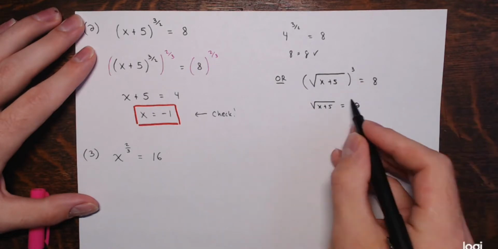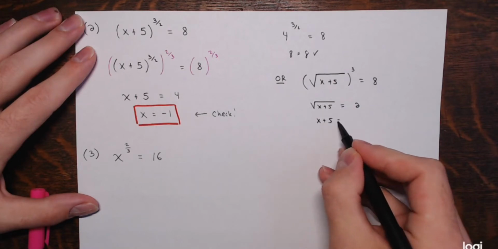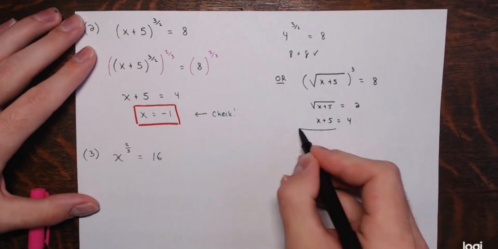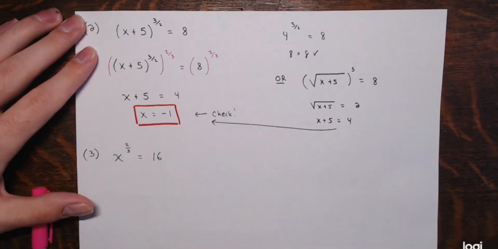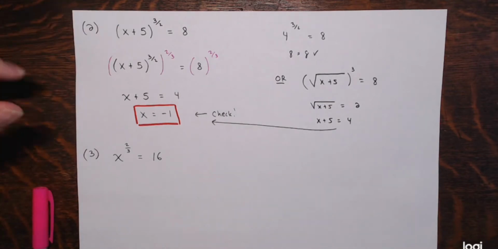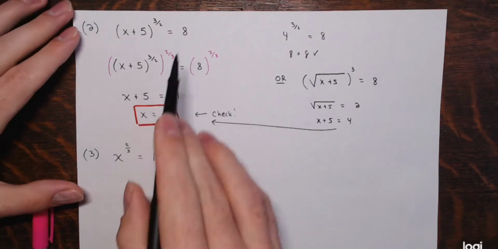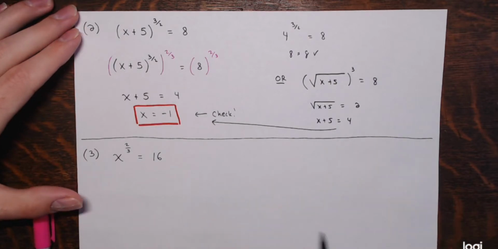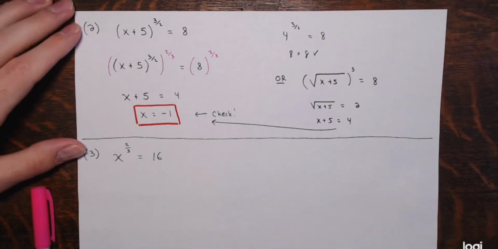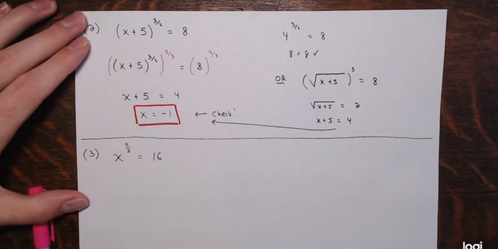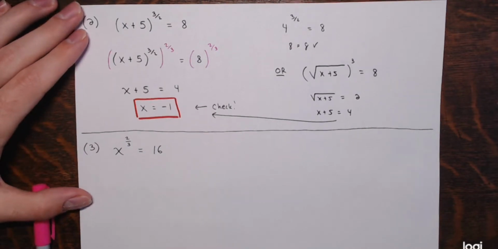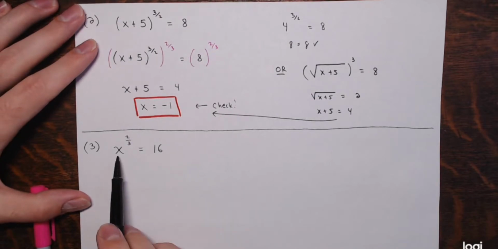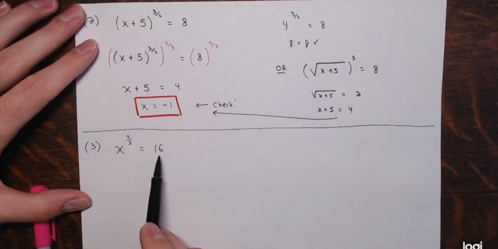And then squaring both sides, we get x plus 5 equals 2 squared, which is 4, and then we get the same stuff. Subtracting 5 from both sides, x equals negative 1, you check it out, it works. All right, so the solution I'm getting there, the real number solution, there may be imaginary solutions, but we're not going to worry about that. All right, solution is negative 1. Okay, now this one, see x to the 2/3 equals 16.